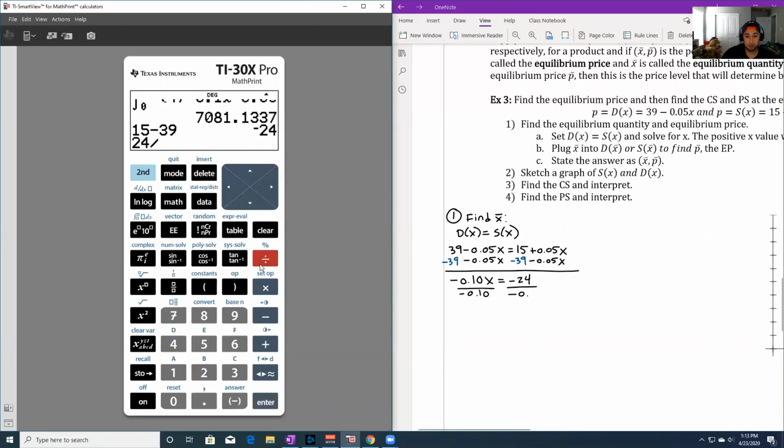And 24 over 0.10 should be 240. Yep. So x is 240, which means that this becomes x bar. So this means that x bar is 240.